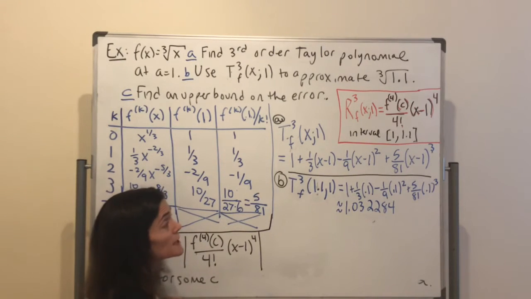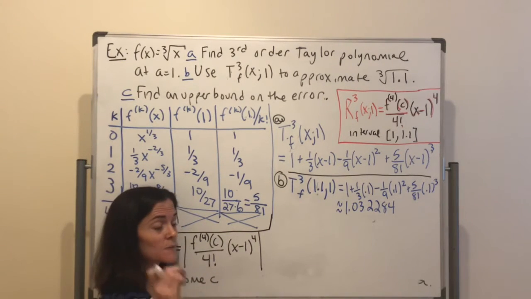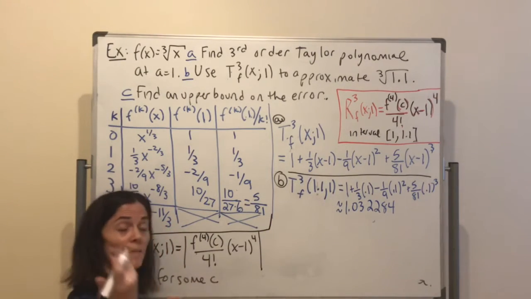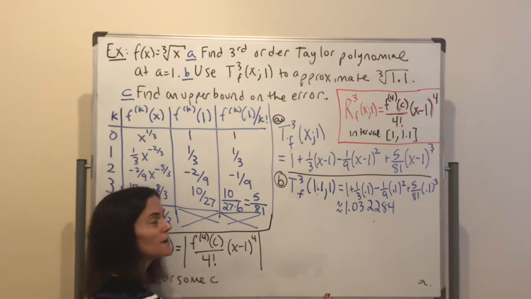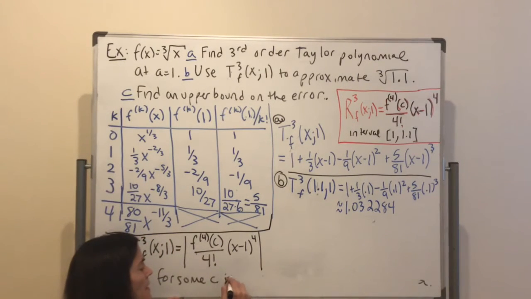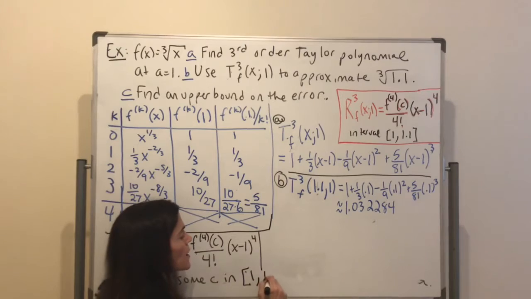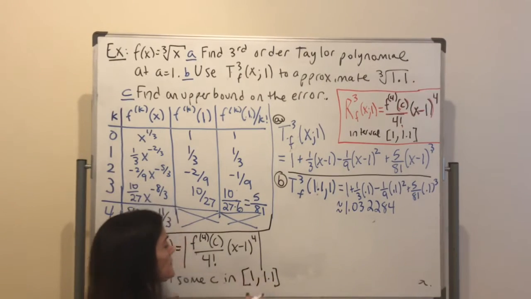Here we're not told it. We're trying to find the error for a specific calculation. And so as I wrote up there, you go from the center to the value that you're using in your approximation. So my interval goes from 1 to 1.1. Maybe I should write it above. It might be too low to see. For some C, my interval goes from 1 to 1.1, like this.